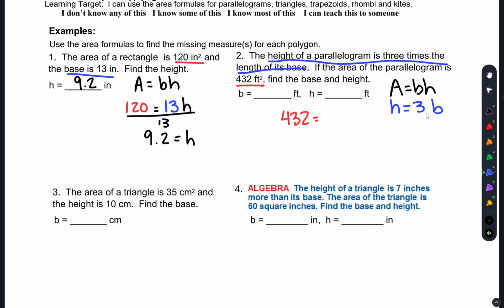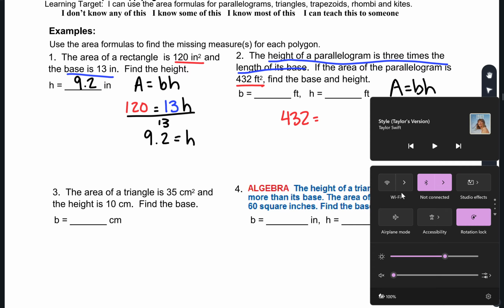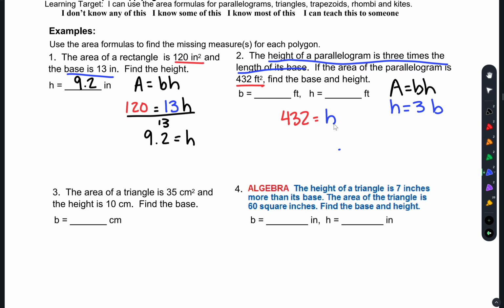Okay, so we're going to plug this in now. My formula is the base, which we're going to call b, times the height, which is 3b. Make sense? B times 3b is 3b squared.